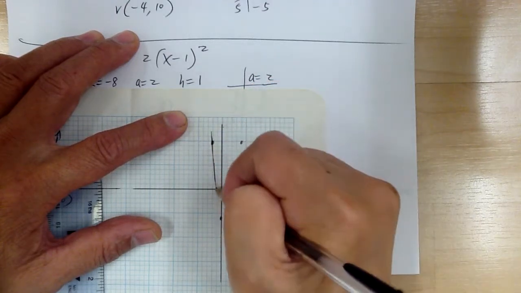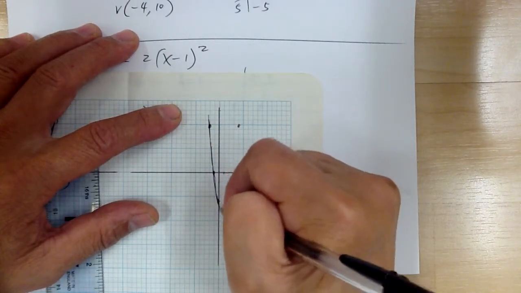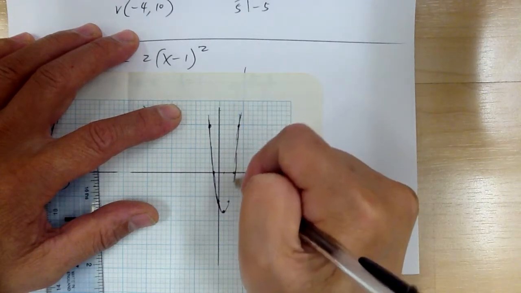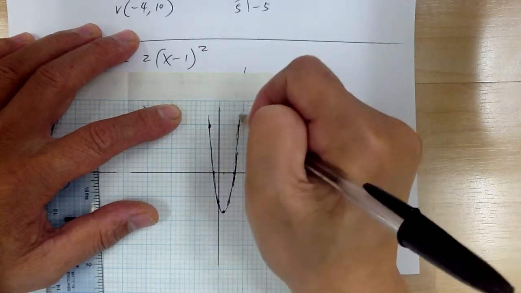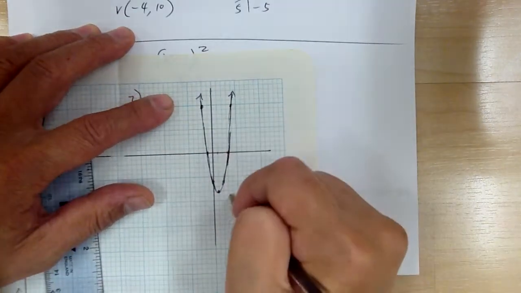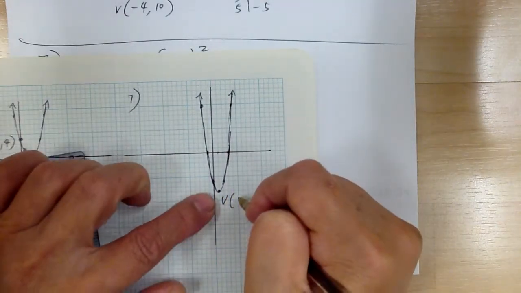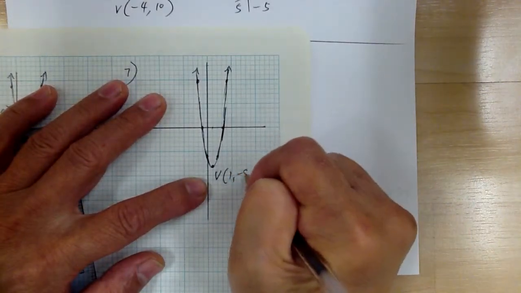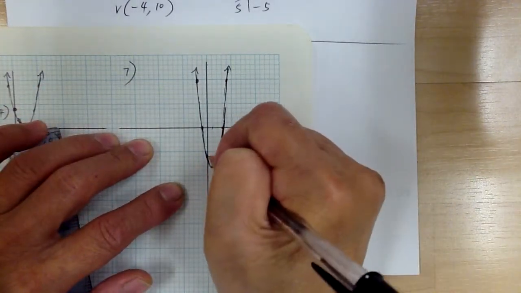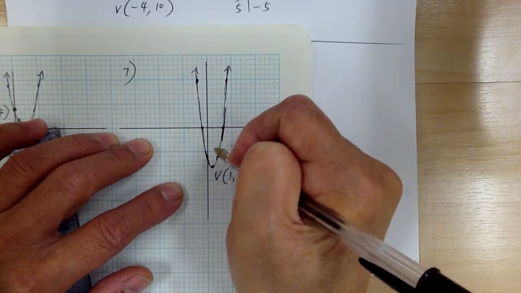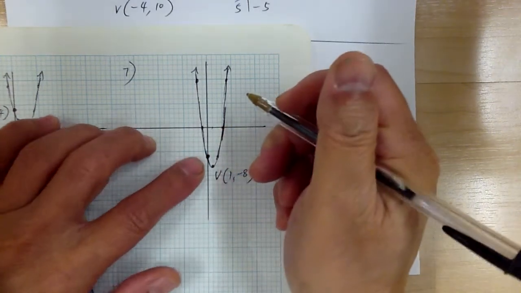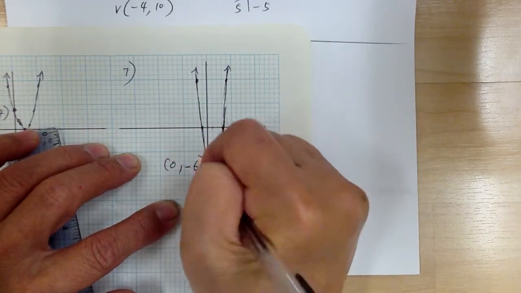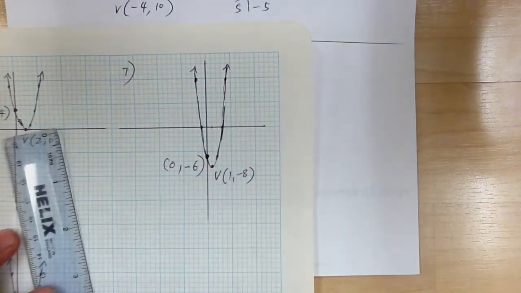So that's your graph. So the vertex I can label, the vertex is (1, negative 8). And the point where it crosses over the y-axis would be (0, negative 6). You can just go and sketch.